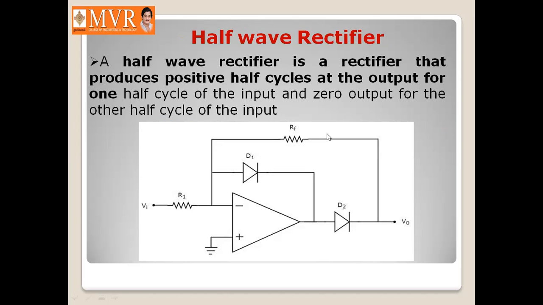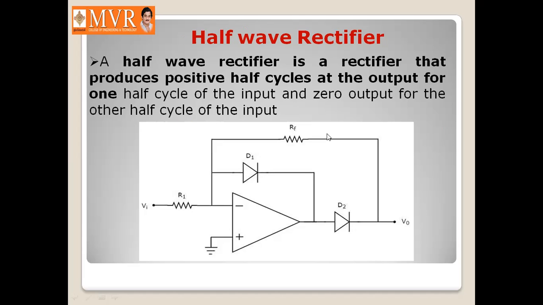So this half-wave rectifier is going to remove the negative voltage levels, and it is going to produce only the positive voltage levels at its output. As the sinusoidal signal is given as the input, it is going to produce the positive signal as the output.